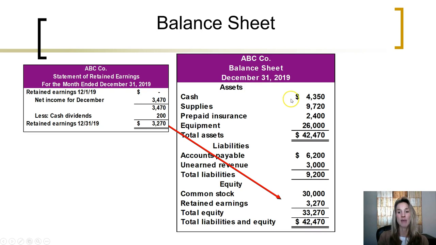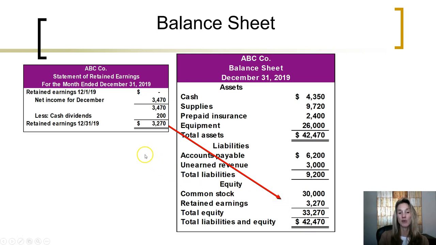So using the ending balances of all of our asset accounts right out of the general ledger, and the ending liability accounts, and ending common stock balances. The amount of retained earnings in the general ledger, as we were recording transactions that affect retained earnings, which are revenues, expenses, and dividends. Recall that in the general ledger, the retained earning accounts are all broken out into the different accounts, revenues, expenses, and equity.